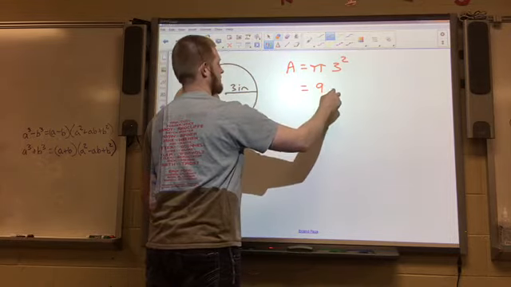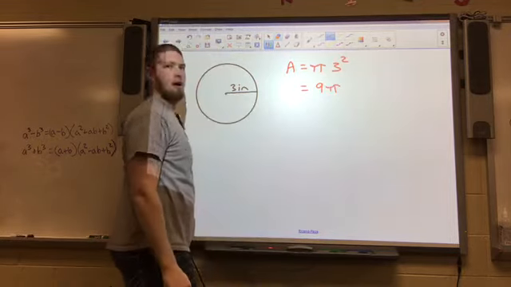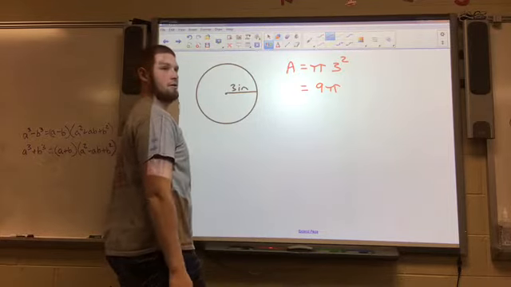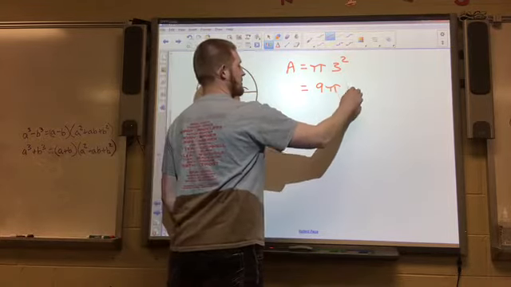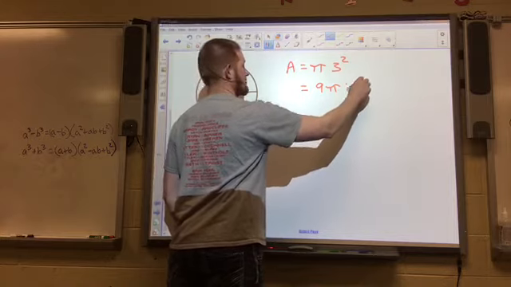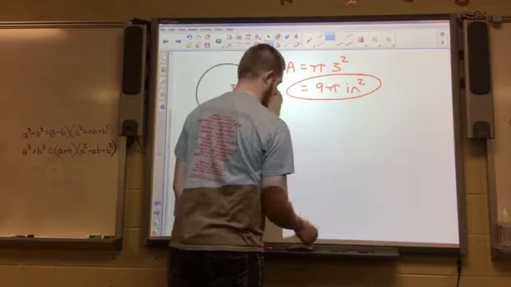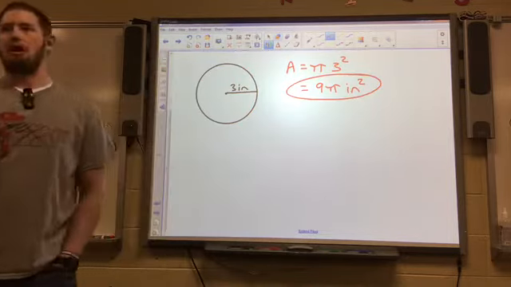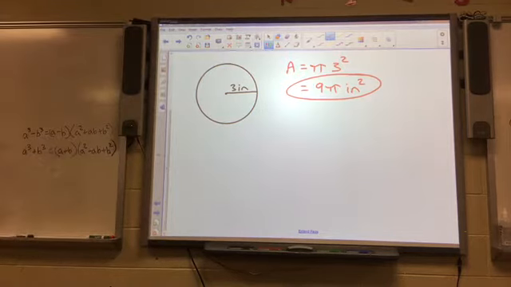So I have 9 pi inches squared. Good. It is area, so you do need to make sure to have units squared, whatever that unit may be. Make sure you have units squared.